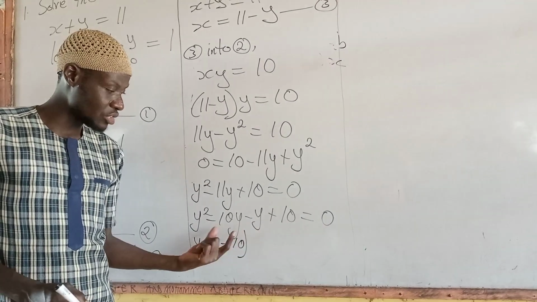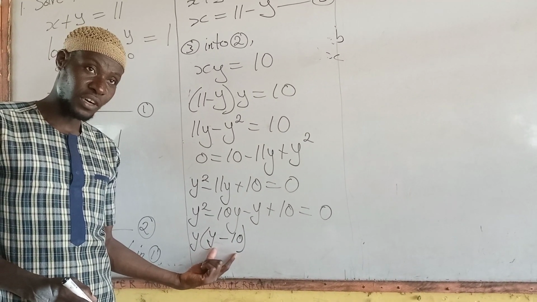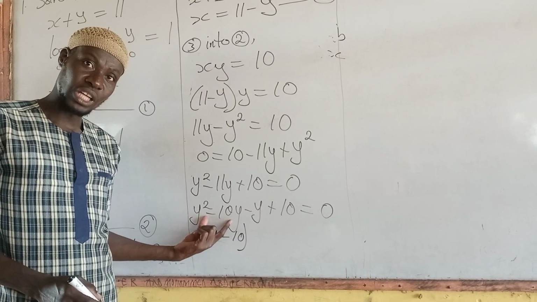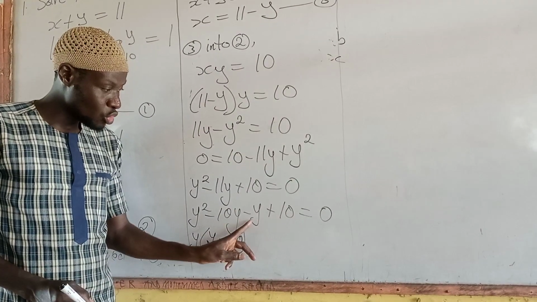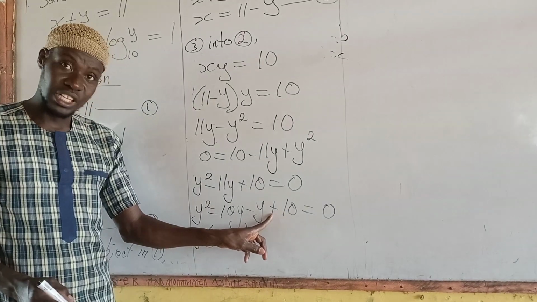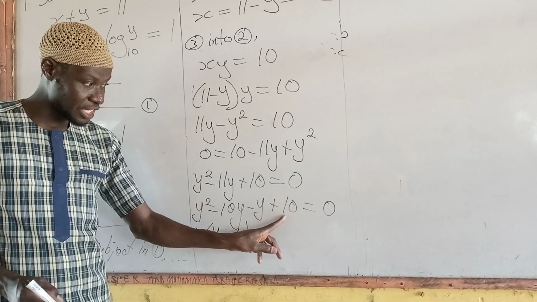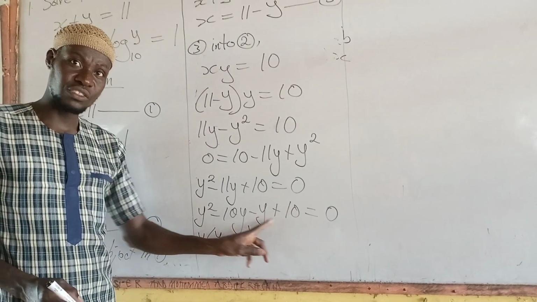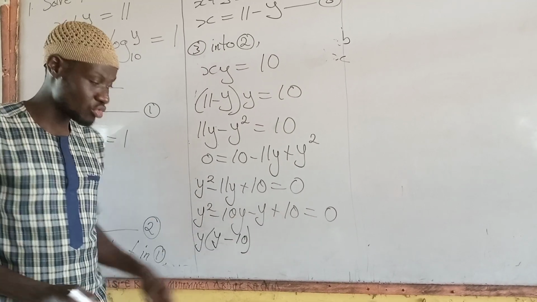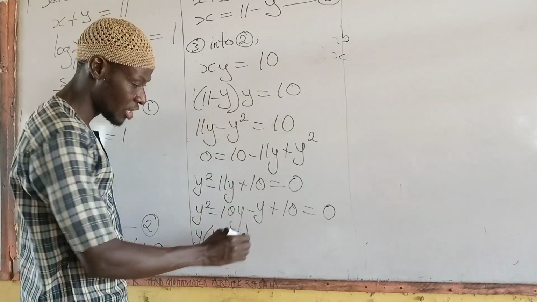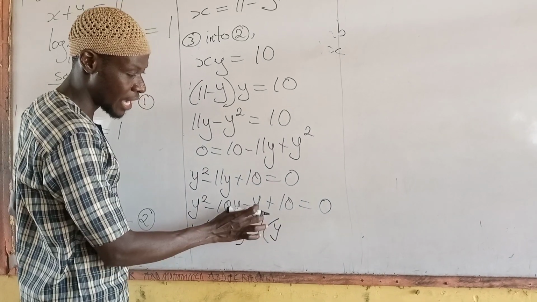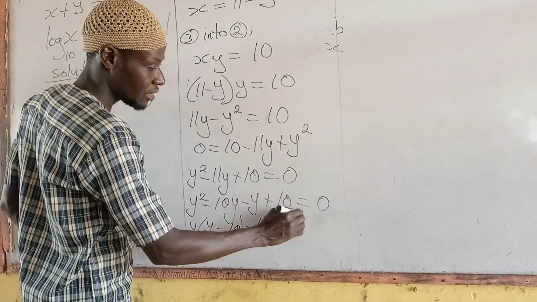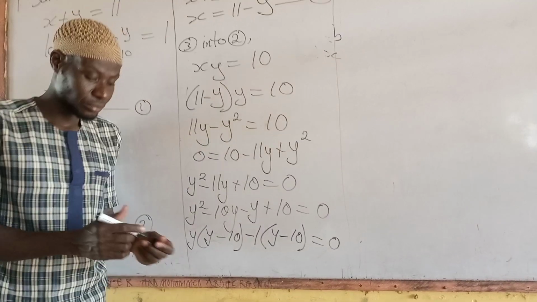Don't forget, whatever is left after factorizing the common factor out from the first two terms should be the same thing that is left here. So to be left with negative 10 here, you need to factorize negative 1 out from the second two terms. So negative 1 out, bracket open, here we end with y minus 10 is equal to 0.